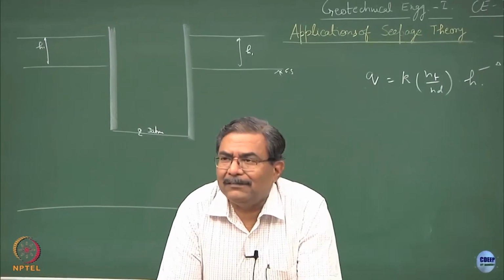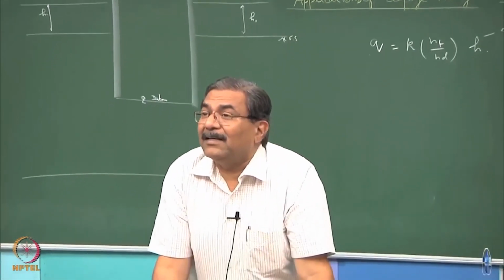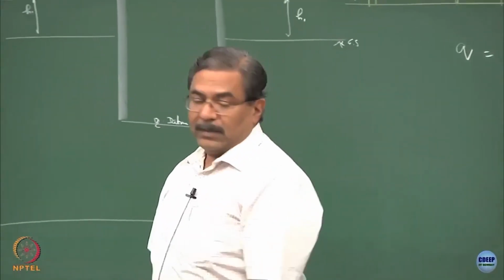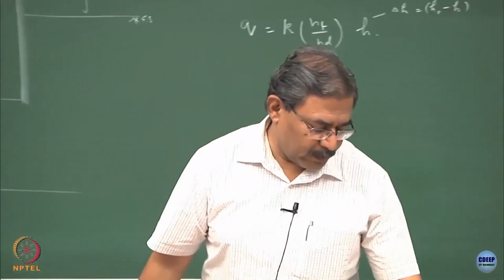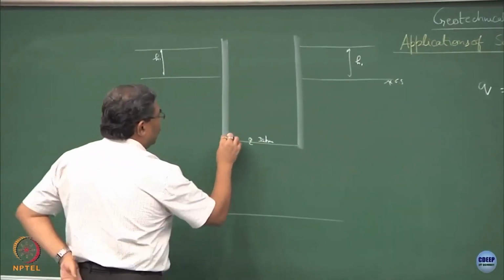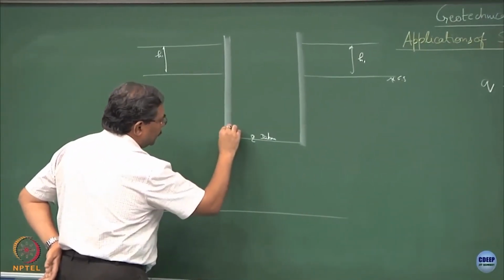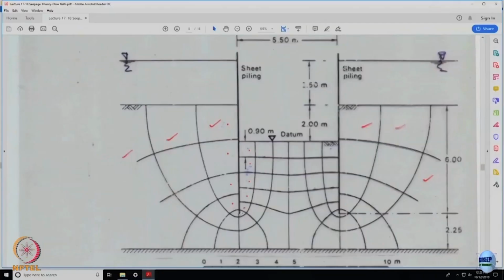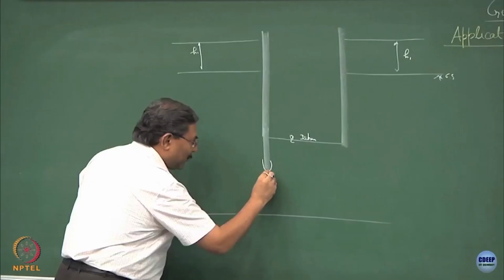We should not. Why? Singularity point. This concept of singularity point you will enjoy, I am sure, in structure analysis also. So what we are trying to discuss over here is, say this is a sheet pile, this is the flow line, and then you want to draw an equipotential over here.